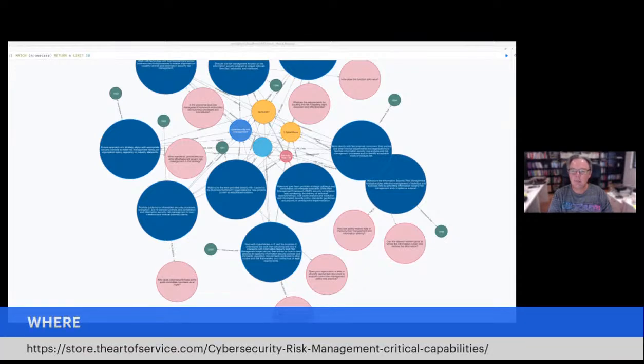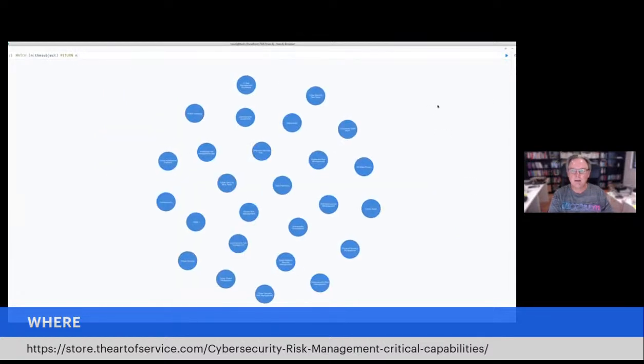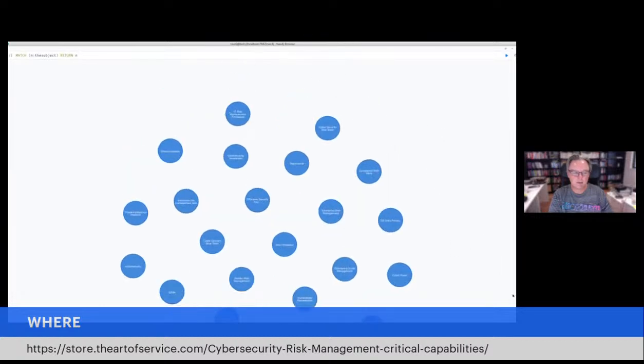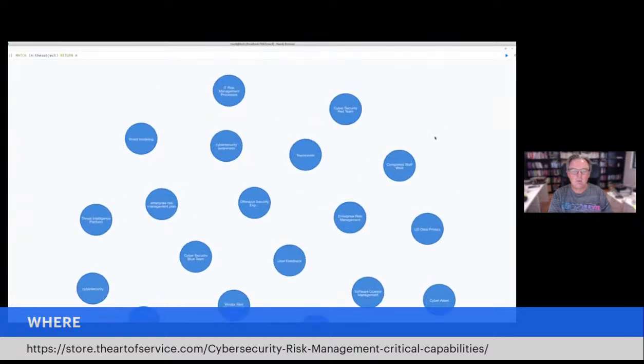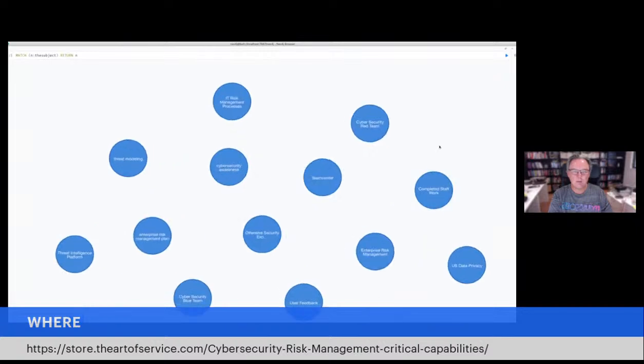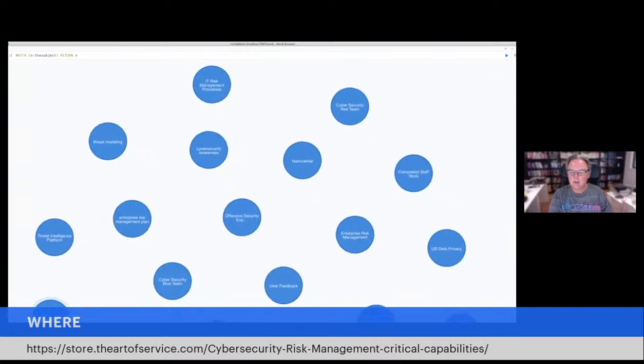Just like when we had the word cloud before, cybersecurity risk management is aligned or ingrained into many other related topics, and these are the other related topics to cybersecurity risk management. So if you're rolling out processes and teams, make sure that they are actually doing these activities.